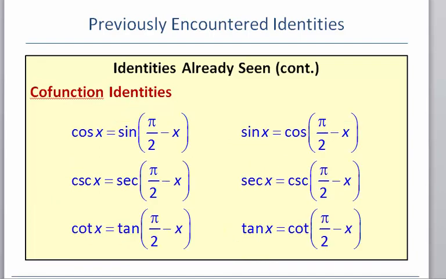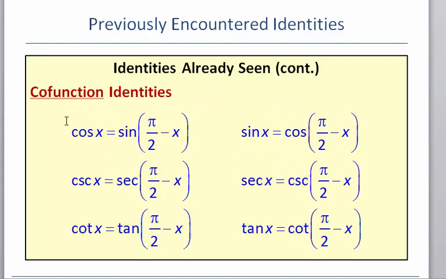We have learned about the cofunction identities, which establish a relationship between a pair of the trig functions when the angles are complementary. Remember that complementary angles add up to 90 degrees or pi over 2 radians. So remember that cosine and sine are cofunctions of each other, and that is what we have here on the top row.